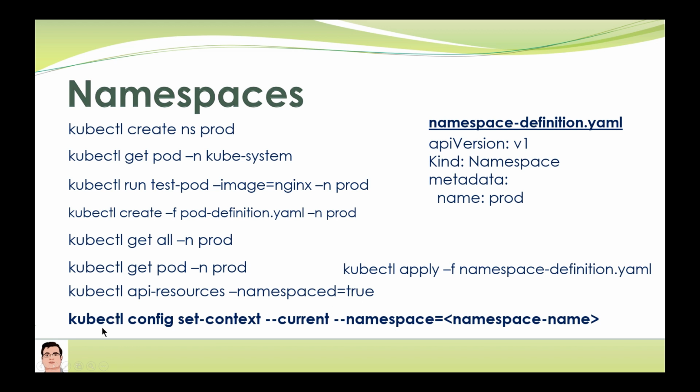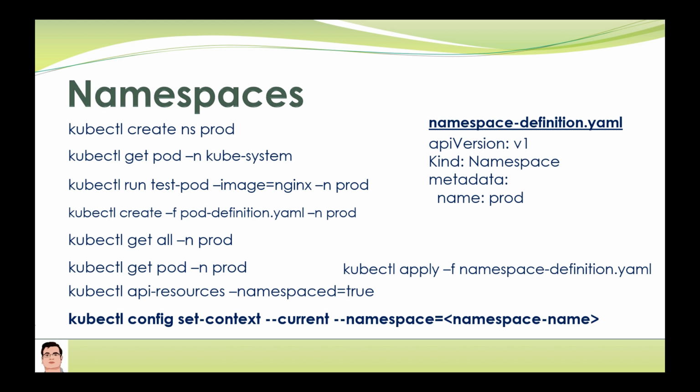And like I mentioned, this is the command kubectl config set-context --current, and you have to provide the namespace. Normally, a command will fetch all the objects from the default namespace. This is the default feature, but sometimes users are working only in the production environment, and they do not want to mention the namespace each time in the query.